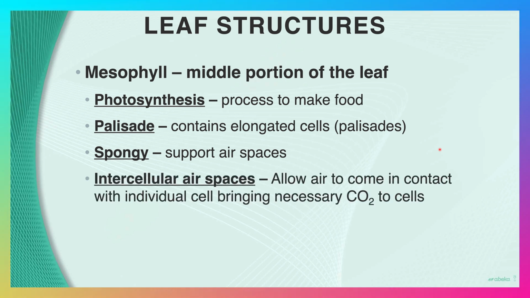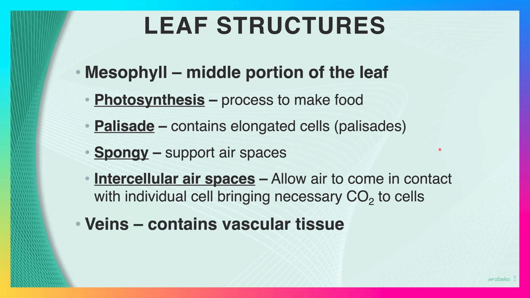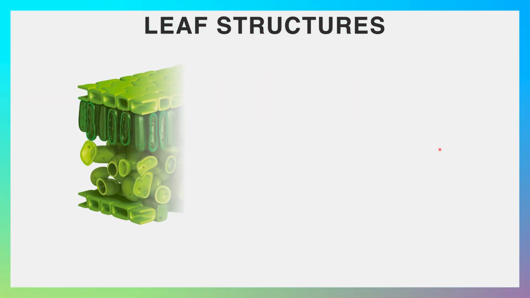And then there are these intracellular air spaces that allow for air to come in contact with individual cells in the mesophyll. The purpose of this air is to bring carbon dioxide to these cells, which is necessary for the production of glucose through photosynthesis. And then the veins, as I've stated before, in the leaf contain the vascular tissue.